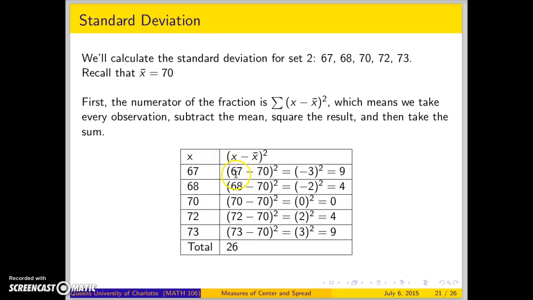So we have 67 minus 70, like I said, which gets us -3, and we square that, and we get 9. And then again, for the second observation, we have 68 minus 70, which is -2, and we square that, and we get 4. So adding all of these up, we get 9 plus 4 plus 0 plus 4 plus 9, we get 26. And that's the top of the fraction, which is also known as the numerator.